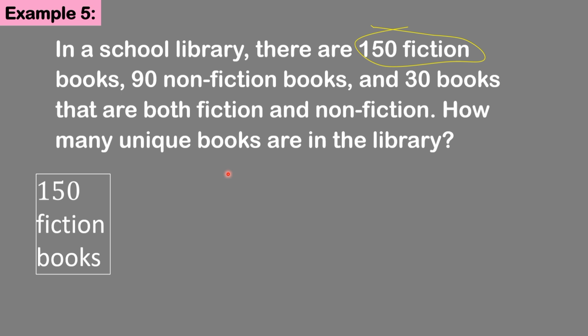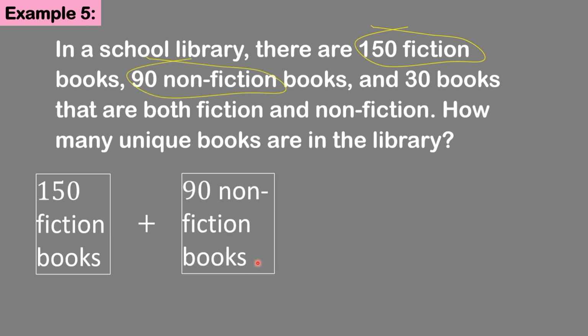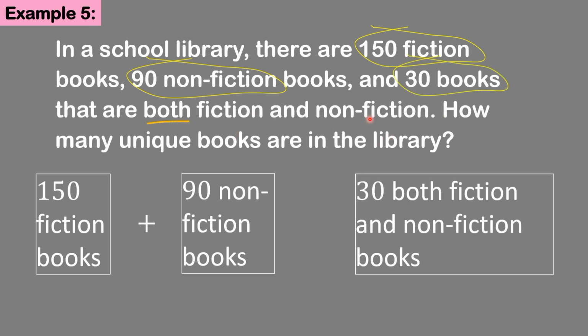To solve this, we just need to add the sets, the 150 fiction books plus 90 non-fiction books, minus the overlaps or the intersection, which is the 30 books that are both fiction and non-fiction. So 150 + 90 - 30, therefore there are 210 unique books in the library.